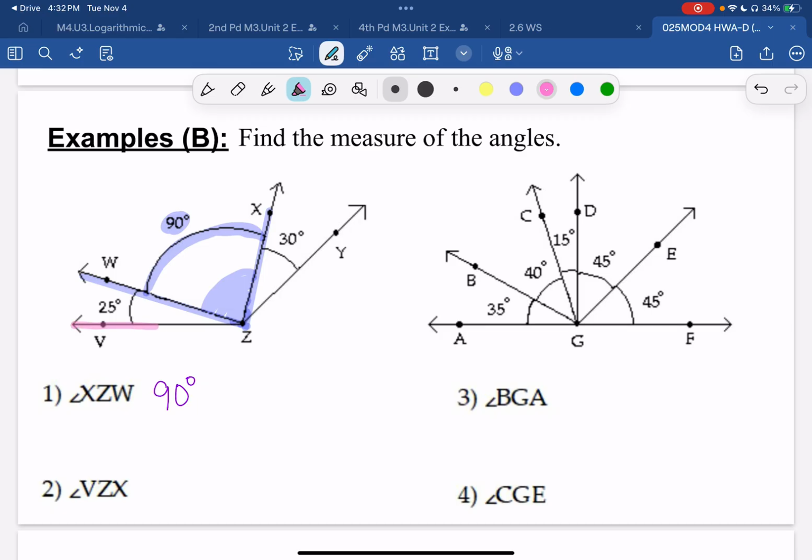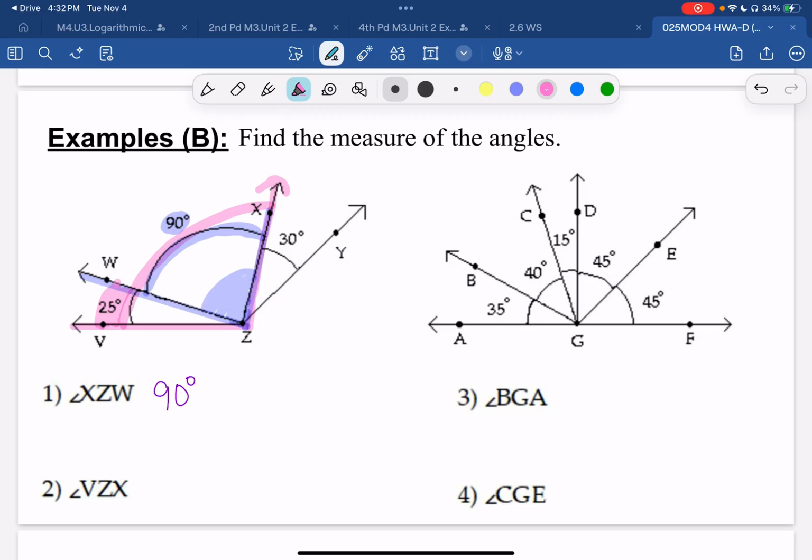Then if I look at my next one, VZX. Okay, so this is going to actually go from V all the way to X. So this entire rotation is going to represent that angle. So from V to here, that's 25.